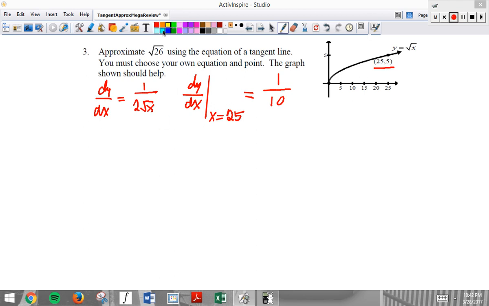Okay, so the equation I'm getting is y minus 5 equals 1/10 times x minus 25. Or, in the helpful way for this unit, 5 plus 1/10 times x minus 25.